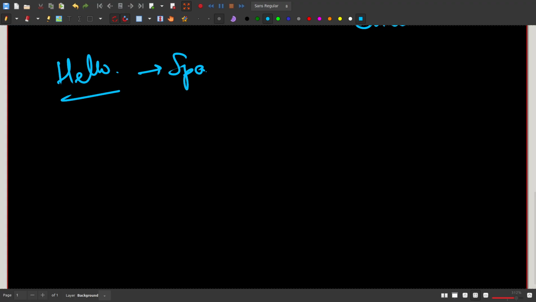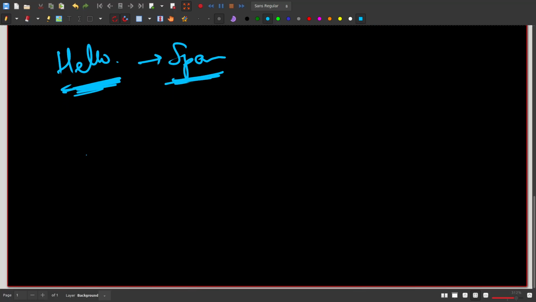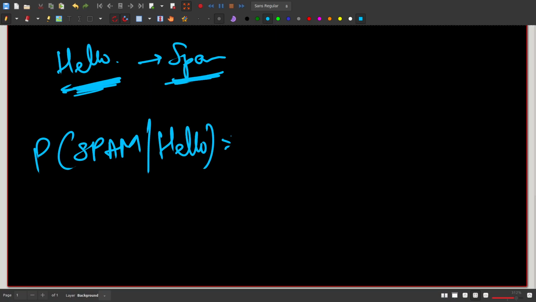So for example, let us say you're interested in making a spam classifier and you're asking, what is the probability that given the word hello in a mail, it is spam? So you're asking, given that I see the word hello in an email, what is the probability that it is actually a spam email? So how would you do this? It's very simple. You would write probability of it being a spam email given the word hello is simply equal to the probability of hello in a spam email.